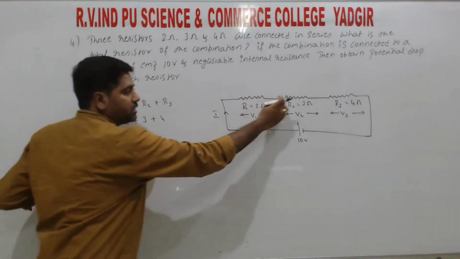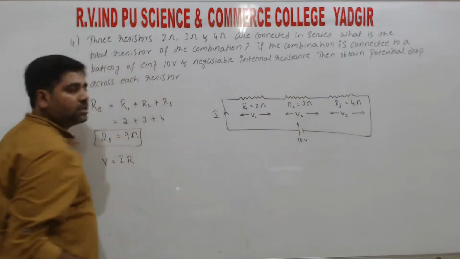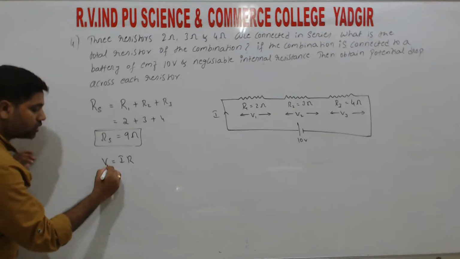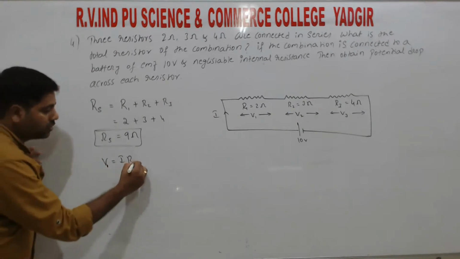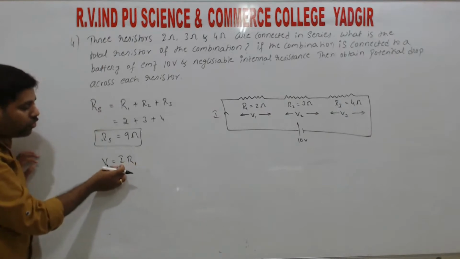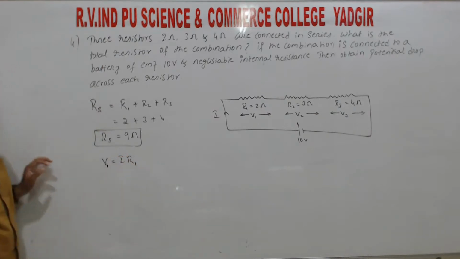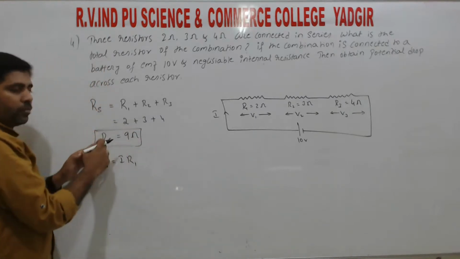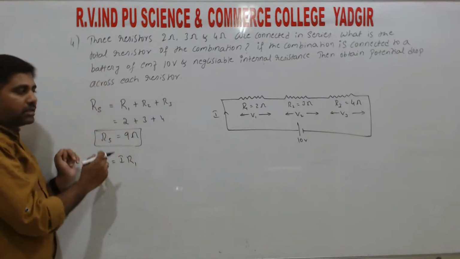For all three resistances, the current flowing is the same. So to find the potential drop across the first resistor, the current is the same in all resistors. We know the value of R1, but we don't know the value of I. So first we need to find I, using the equivalent resistance.